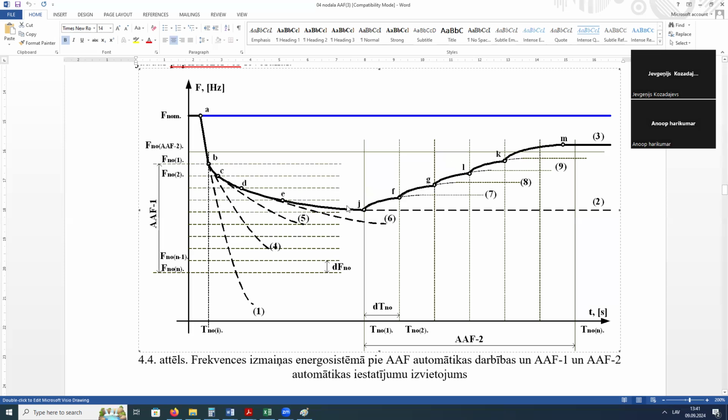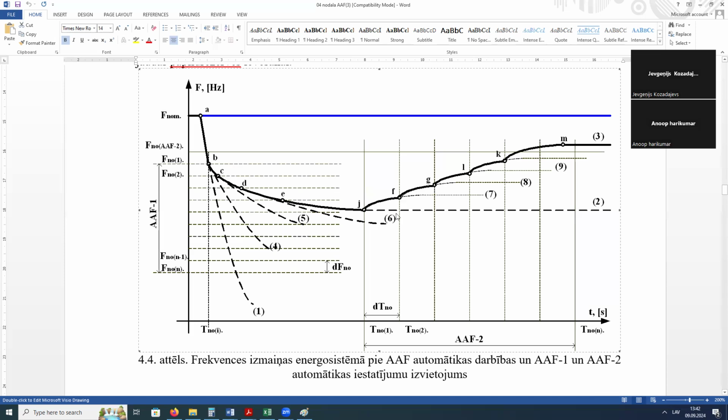Here it is, and this is an example from point number J. So we are in balance, but the system, after some time, because the second type of under frequency automation starts with a time set point, continues to disconnect load to make the production more than the load, to increase the frequency to the nominal value, if of course it is possible, if we have enough possibilities to disconnect the load.